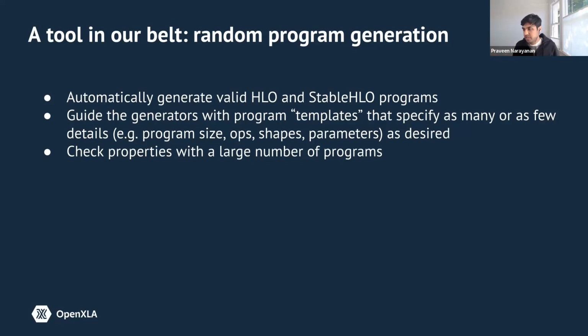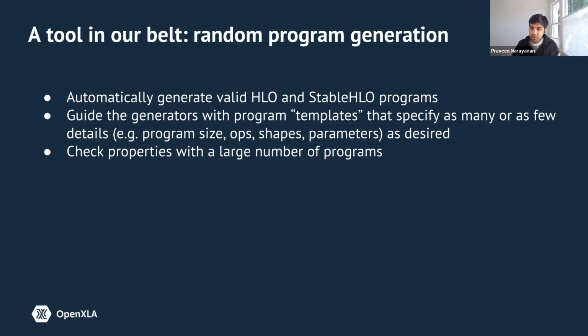So one approach we're taking is introducing a way to express program templates that are sketches, if you will, of an HLO or a StableHLO program, or at a higher level as well.